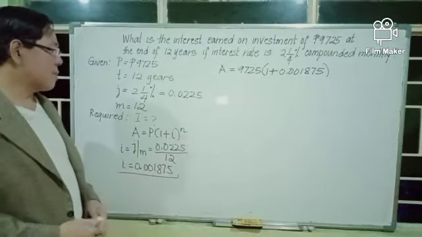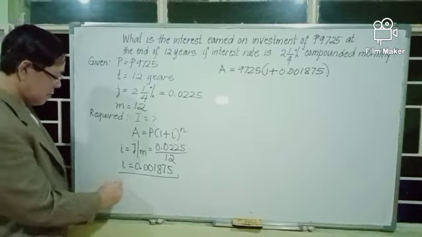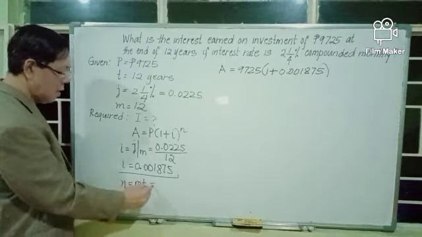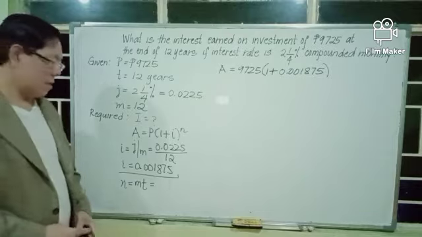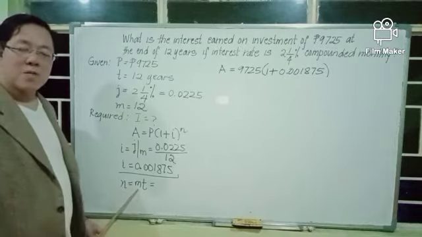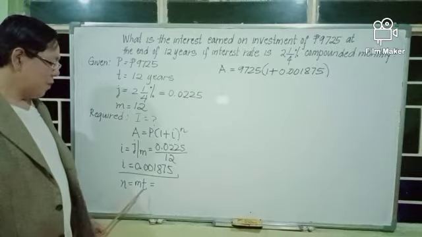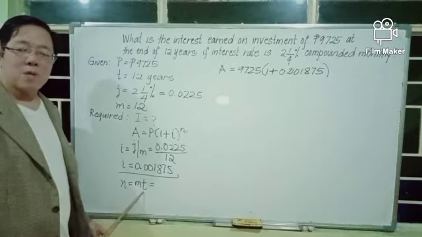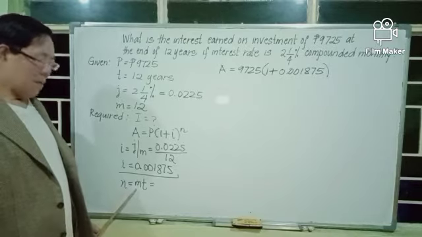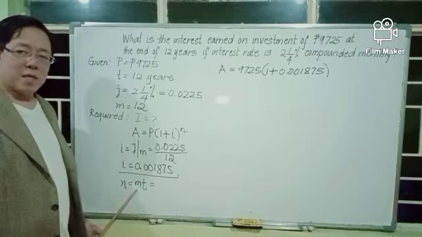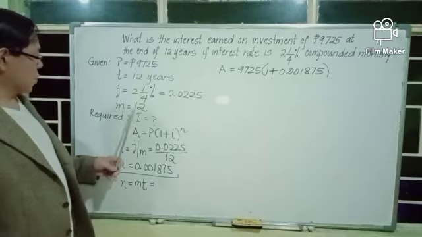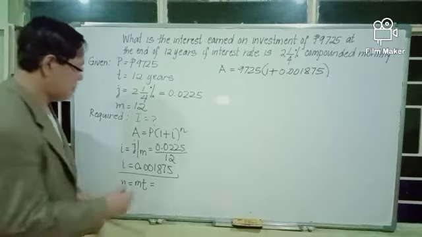And n is given by m multiplied by t. m is the number of conversion periods per year. For t years, the total number of conversion periods is given by n. Multiply the number of conversion periods per year times the number of years. m is 12 and t is 12.